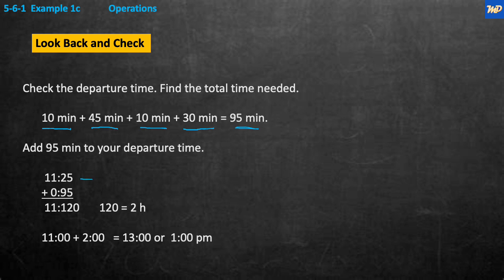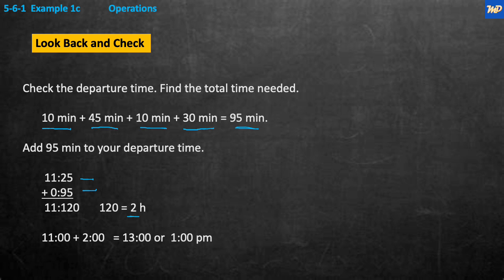So we're going to depart at 11:25, and we're going to add 95 minutes. And if we do that, we're going to get 120, which really means 2 hours. So that's the time we're going to be. Well, if you start at 11 and add 2 hours, it's going to be 1,300, as they like to say in the Army or the Marines.